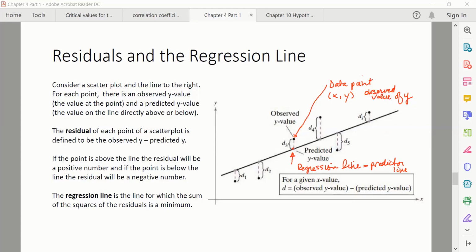I'm going to use a different color, let's use blue. So here's the point on the line directly below it, and that point is also some sort of x, y. And that y is called the predicted value of y.